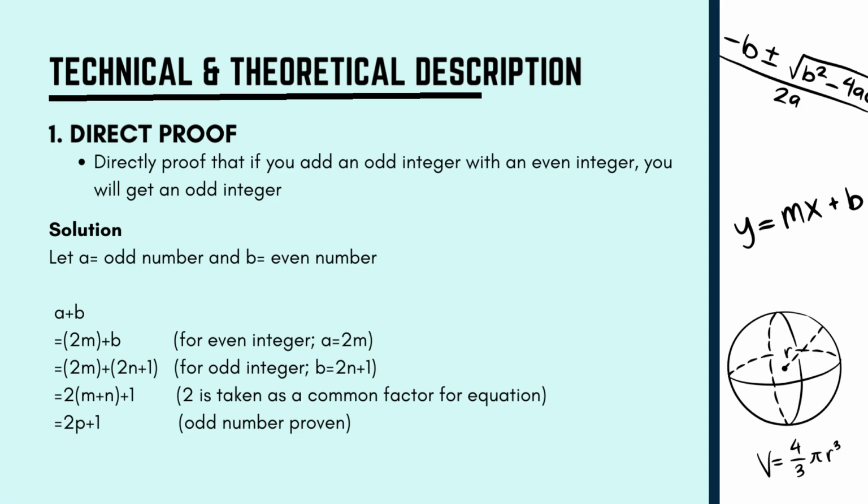After that we get 2m plus 2n plus 1 for an odd integer, B equal to 2n plus 1. After that we simplify: 2 times m plus n in brackets, plus 1. 2 is taken as a common factor, and finally we get 2p plus 1, which is an odd number, is proven.